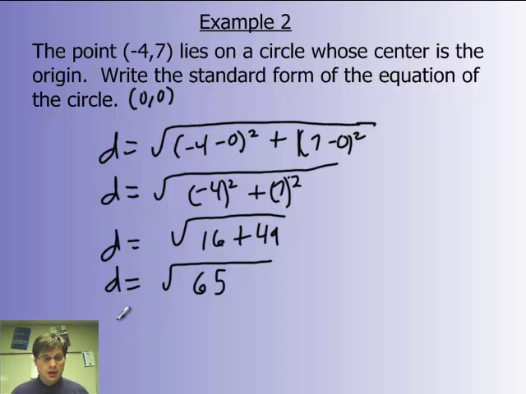So I don't need to find the square root of 65, but that distance is in fact going to be my radius. Okay, so instead of saying d equals square root of 65, I could just say r is equal to the square root of 65 all the way through.